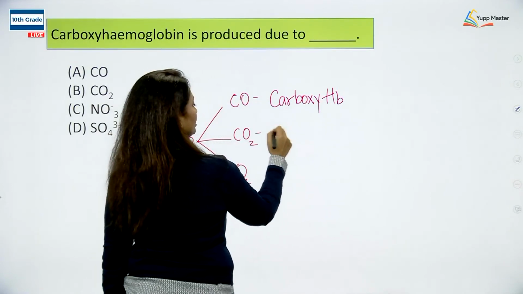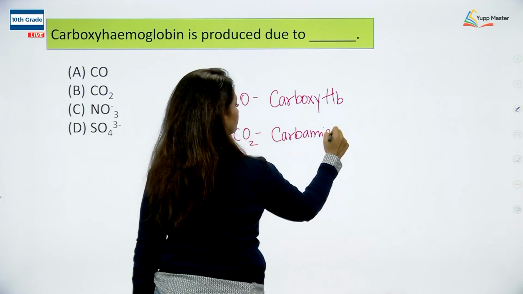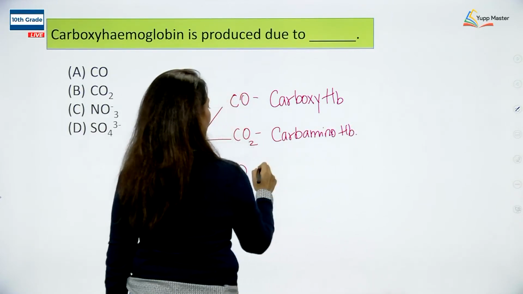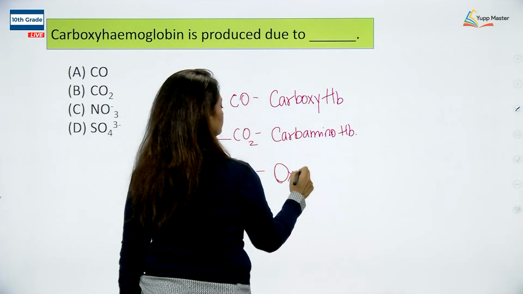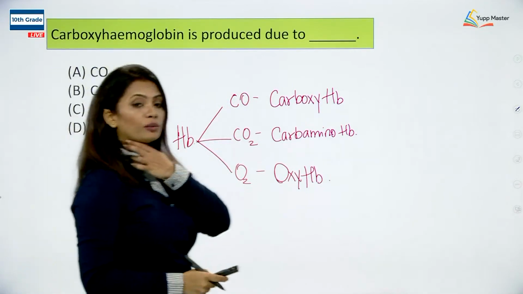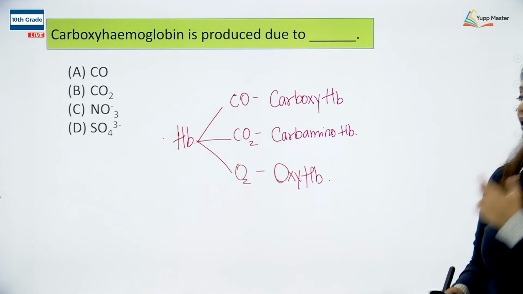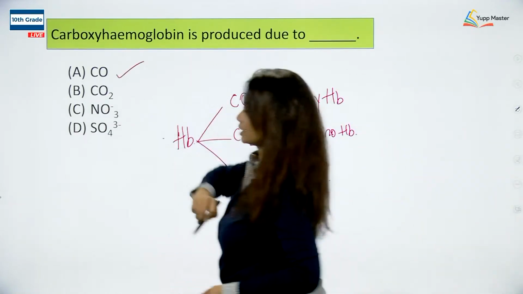With carbon dioxide, it forms carbamino-haemoglobin, and with oxygen, it forms oxyhemoglobin. So here carboxyhemoglobin would be the correct answer. Carboxyhemoglobin is produced due to hemoglobin combining with carbon monoxide.